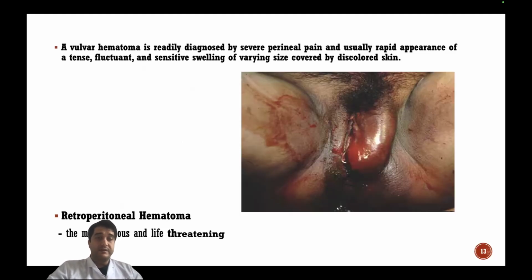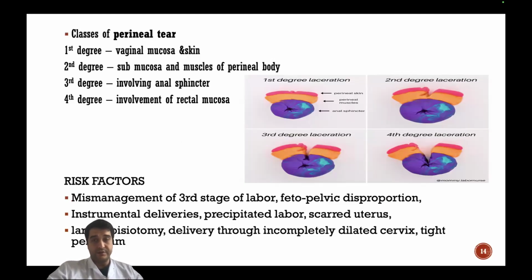In this case, a vulval hematoma is readily diagnosed by severe perineal pain and usually rapid appearance of a tense, fluctuant, and sensitive swelling of varying size covered by discolored skin. Retroperitoneal hematoma is the most serious and life-threatening condition during labor.